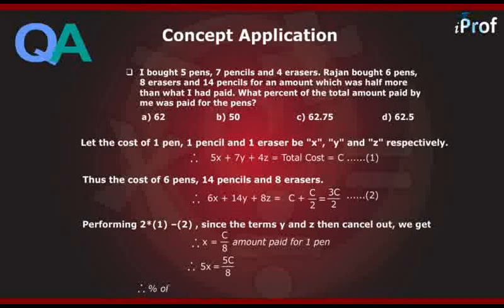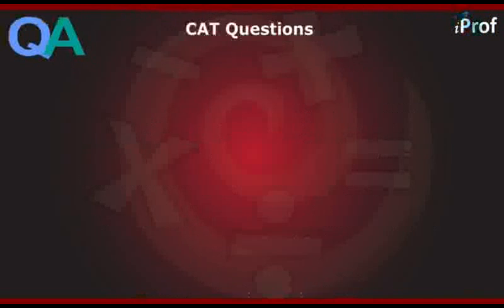Therefore, percent of the total amount paid by me for 5 pens is equal to 5C by 8 divided by C into 100. Solving, we get this percent to be equal to 62.5%. Hence, the correct alternative is D.